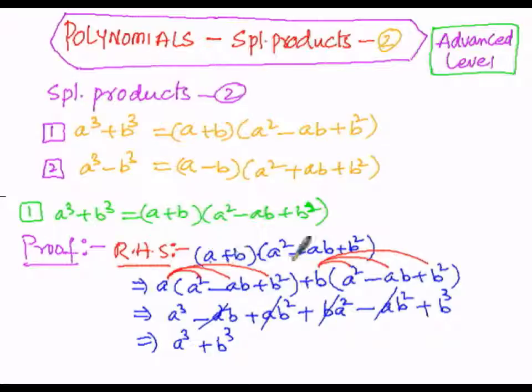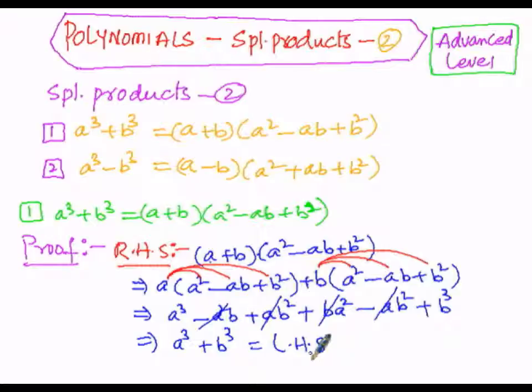By multiplying the right hand side quantities, that is a plus b with a square minus ab plus b square, we got the expression a cube plus b cube, which is nothing but the LHS to be proved. So we started with RHS, then we reached the LHS.